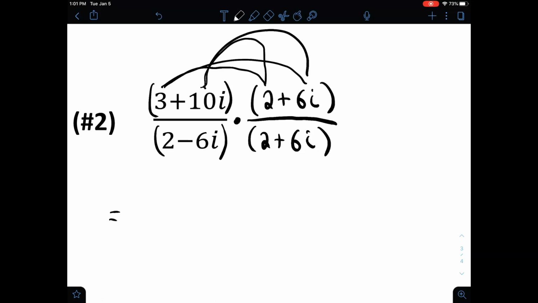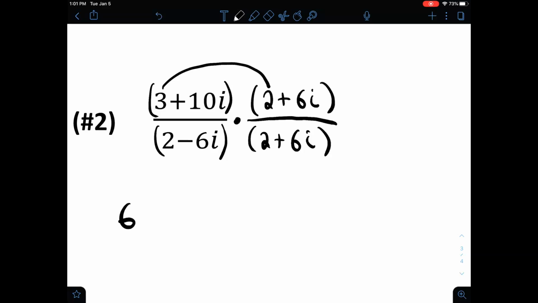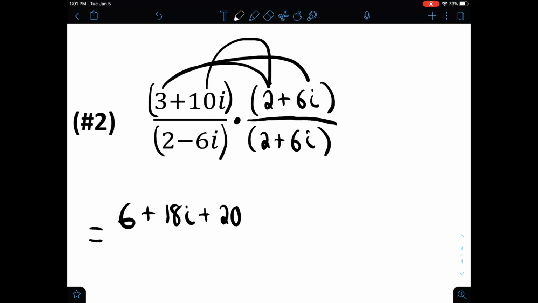So 3 times 2 is going to be 6. Let's go step by step here. 3 times 2 is 6. 3 times 6i is 18i. 10 times 2 is 20i. And then 10i times 6i is going to be 60i squared.